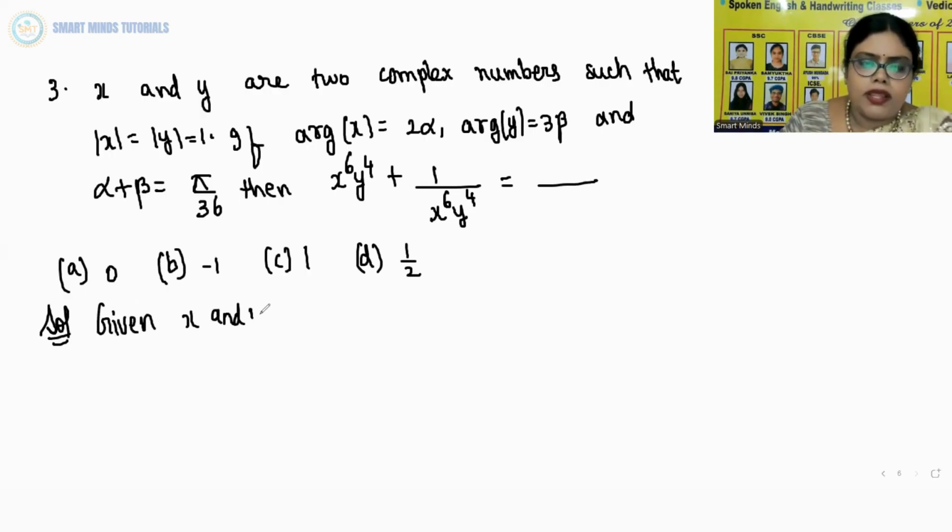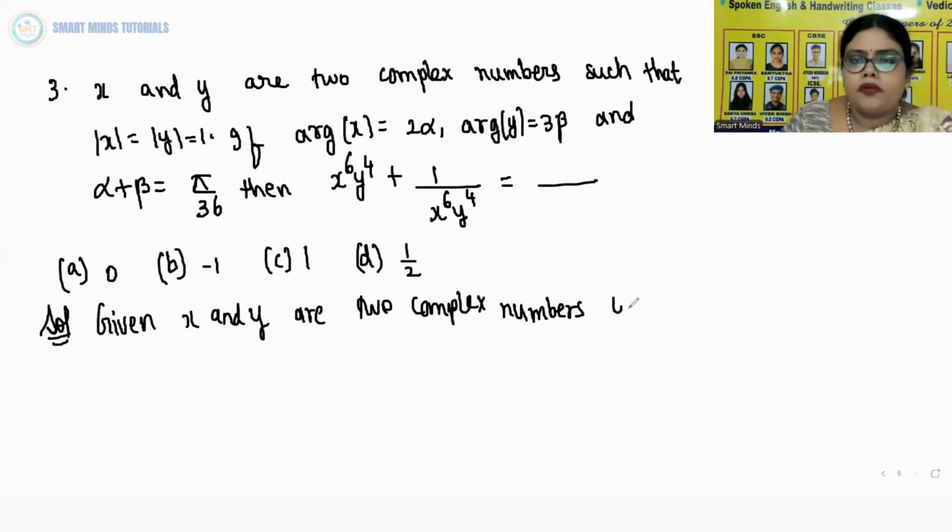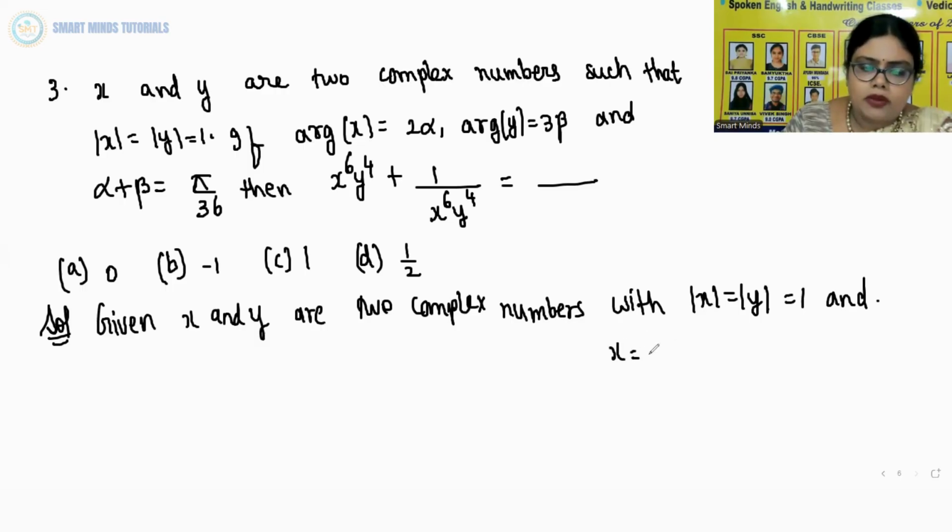So first, what is given to us? Given x and y are two complex numbers with mod x equals mod y equals 1.